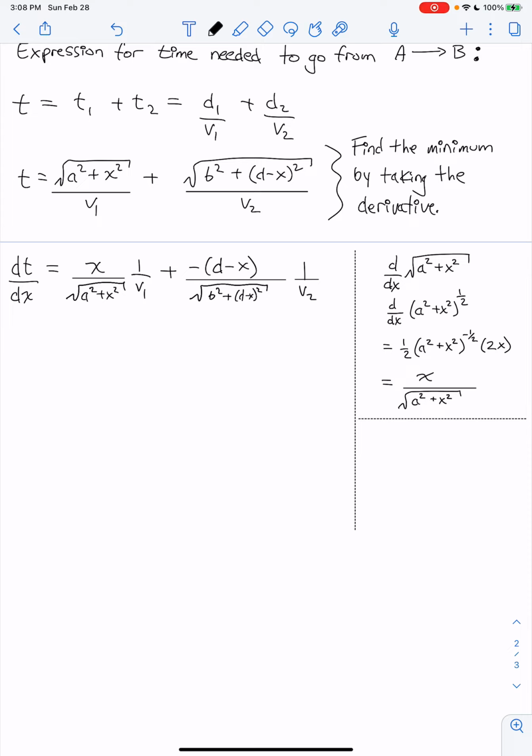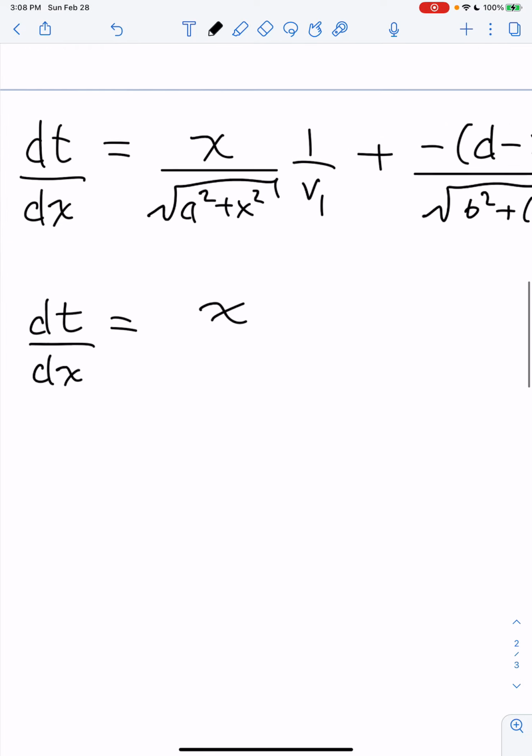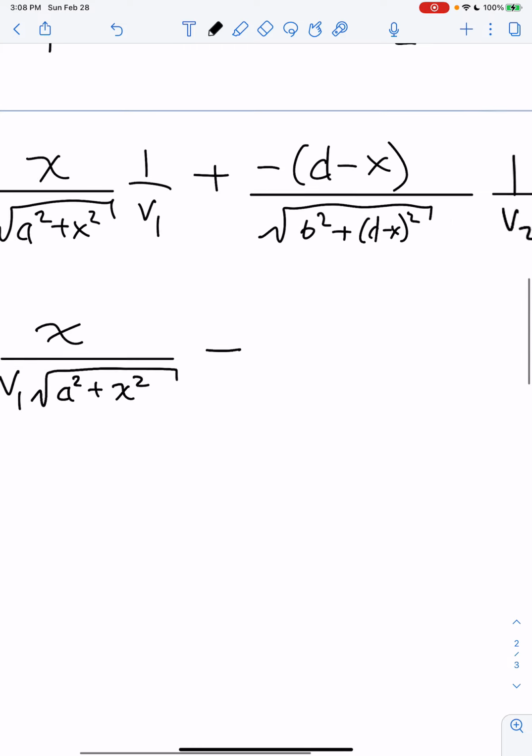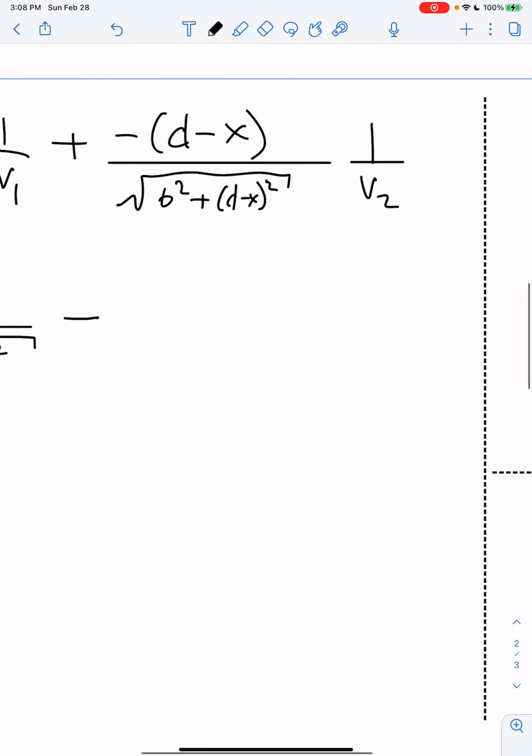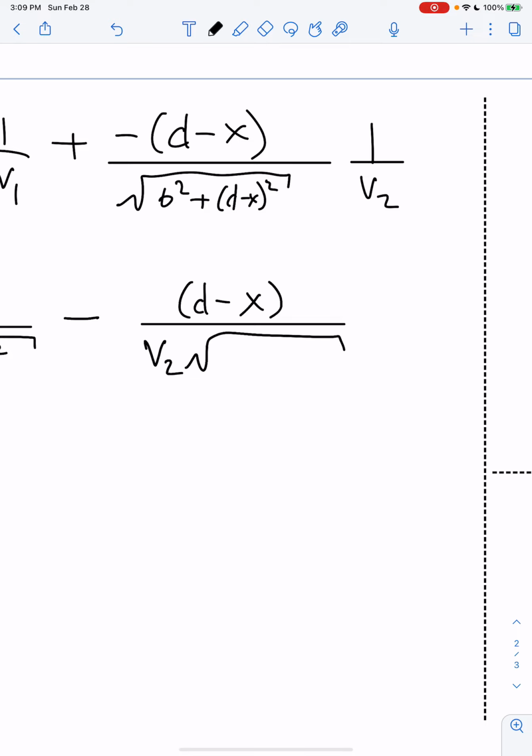And so we can probably rewrite this to be just a little bit easier to read. So we'll go dt dx is equal to x over, let's put the v1 here and write this out, a squared plus x squared, and then this will be minus d minus x, and we'll put the v2 out front and have b squared plus our d minus x squared.